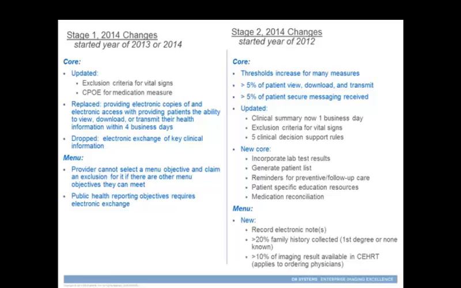Now, if you are an eligible professional that started in the year 2013 last year, or is planning to start in 2014, you will still be on Stage 1 this year. There are very few changes to Stage 1 rules this year for core and menu set items. There's an update to exclusion criteria for vital signs, where in the past an EP can exclude the vital sign measure if all three vital signs of height, weight, and blood pressure are not relevant to the scope of their practice.